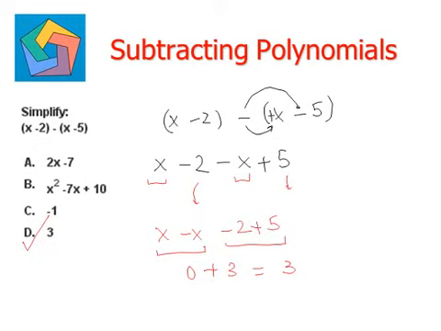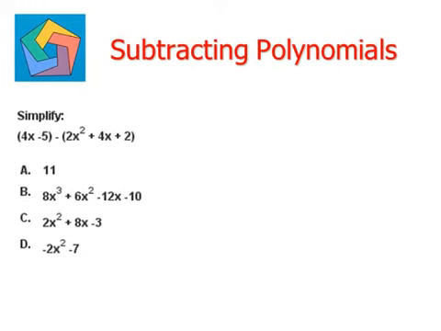So let's practice another question over here. We have 4x minus 5 minus 2x squared. Let's write down minus 2x squared plus 4x plus 2.